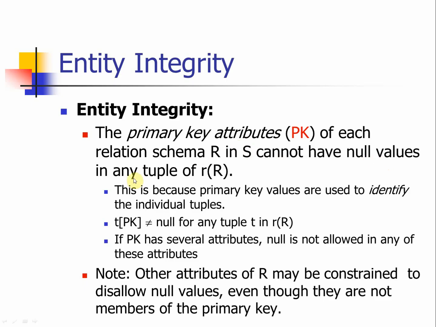So this is a formal definition indicating that a primary key cannot be null, basically because it needs to be uniquely identified from one to the other, and other attributes also need to reference it. Other attributes of R may be constrained to disallow null values even though they are not members of the primary key, just like the name as well.